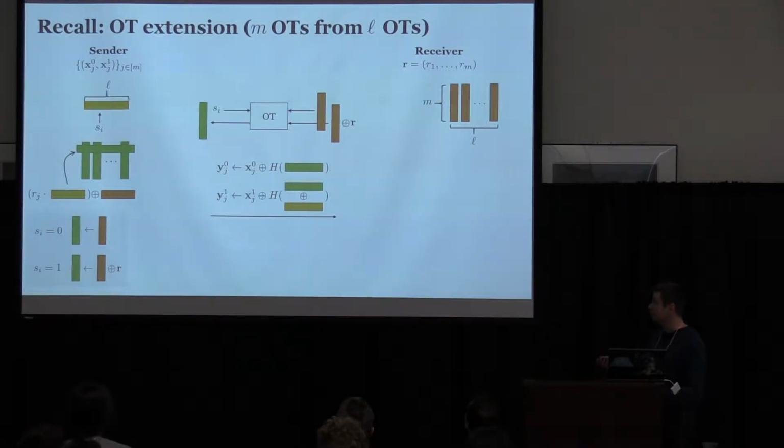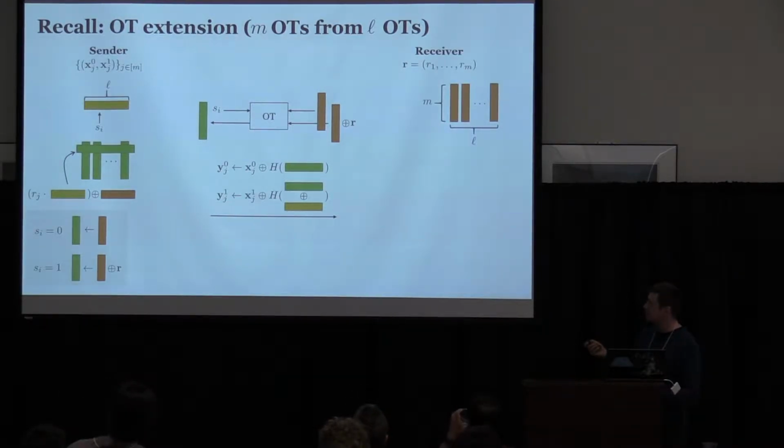So the property here is that we've shared some randomness between sender and receiver, where the receiver is thinking of one value, and the sender has two possible values that can match it or not, and it roughly corresponds to OT.